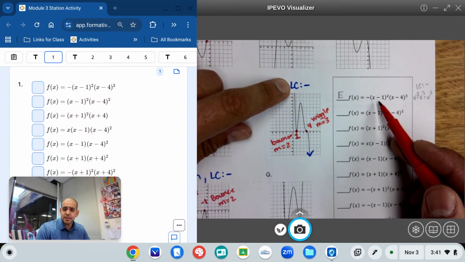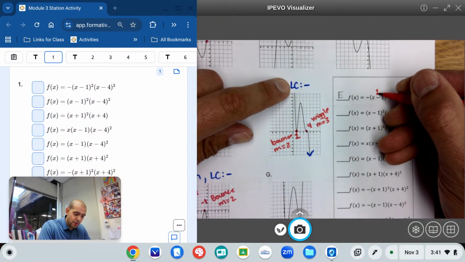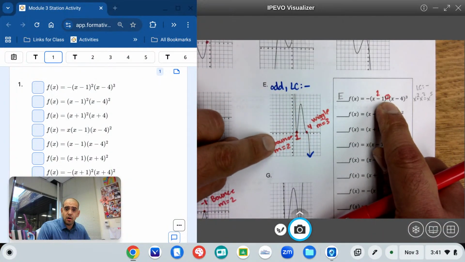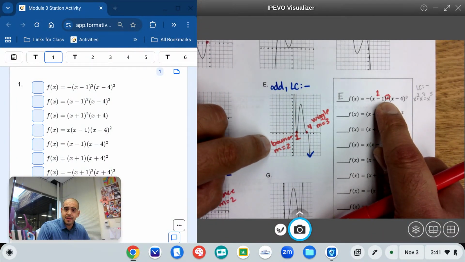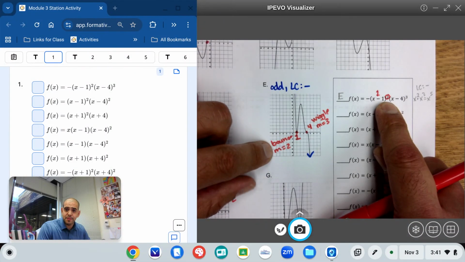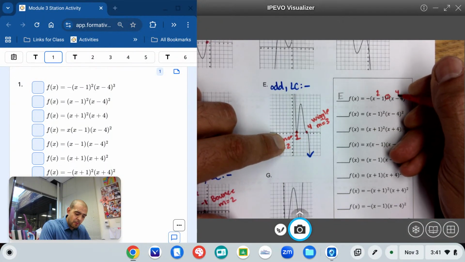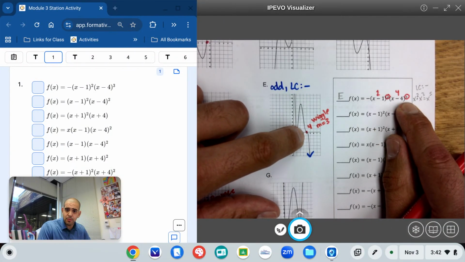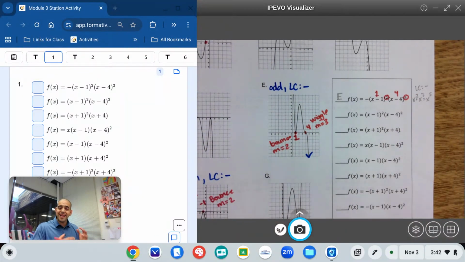My root is a positive 1, which has a multiplicity of 2, so it bounces. This has a root of 4 with a multiplicity of 3. That tells me it's going to be a wiggle. So it matches. Okay, so that's what you have to do.